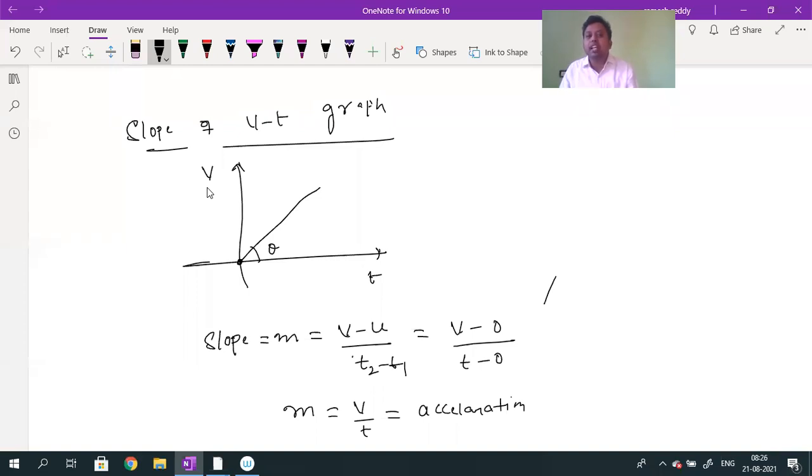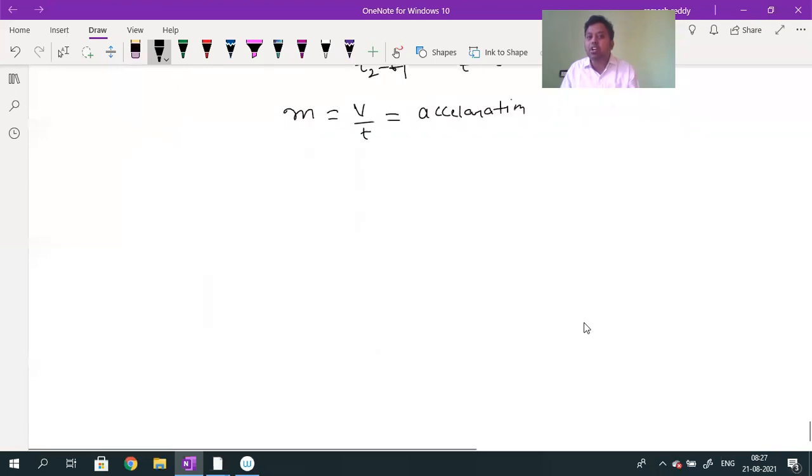Which is taken on the y axis? Velocity. Which is taken on the x axis? Time. So the slope is v2 minus v1 divided by t2 minus t1. Is it okay? This is one of the graphs you have to remember.